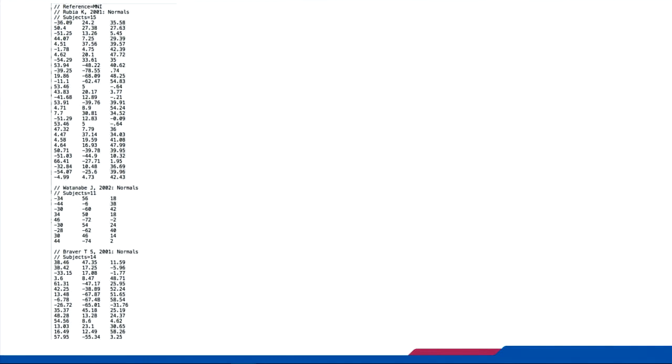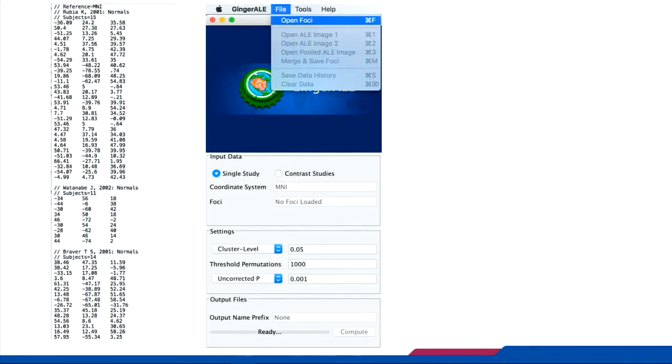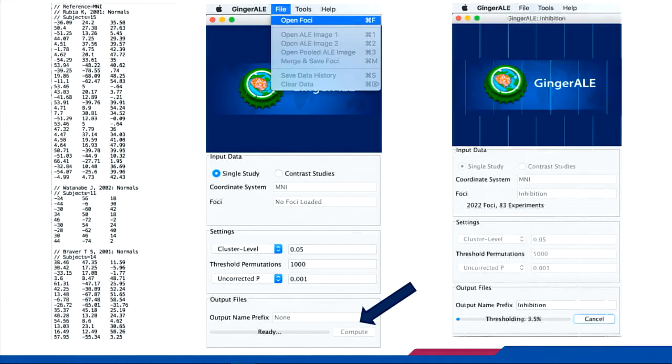What you have is an order by experiment, and then you have the number of subjects, because as mentioned, this influences the uncertainty estimation, and then you have just all the coordinates. In the GingerAle tool, you open foci, and then this file is loaded into GingerAle, click compute, and it's running the meta-analysis.